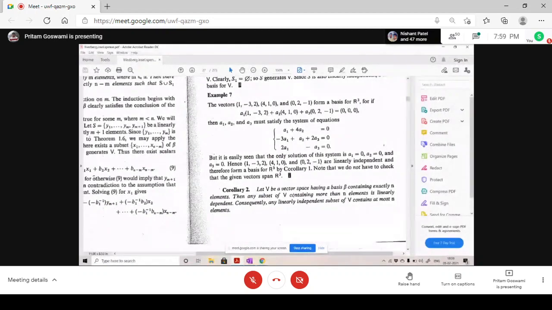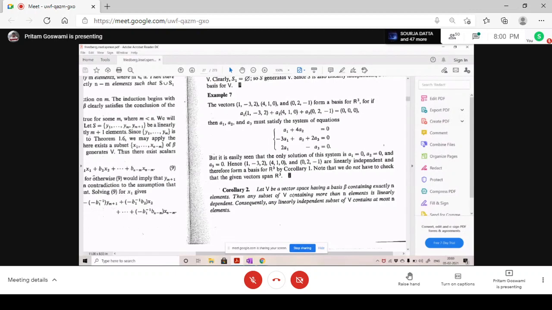So it means the length of any independent list of vectors in that vector space will always be less than or equal to the length of the basis. Can you repeat it again? If I have a vector space and it has a basis, and I have a set of linearly independent vectors, then the length of that list will always be less than the length of the spanning list.